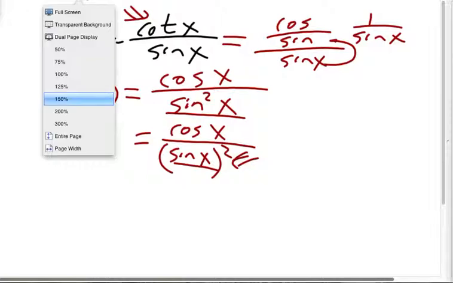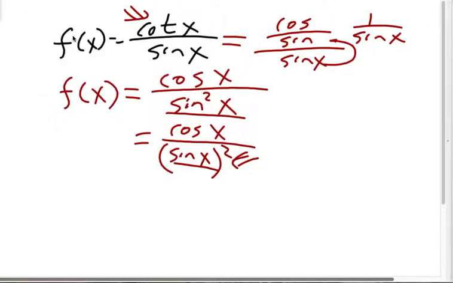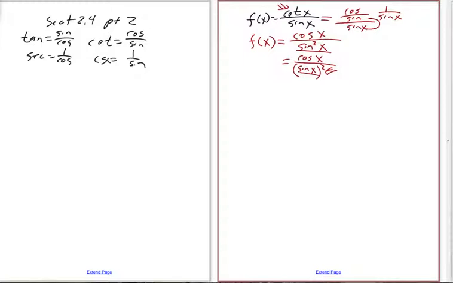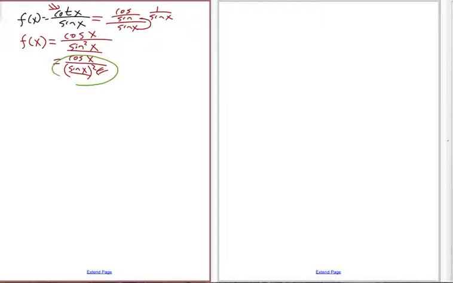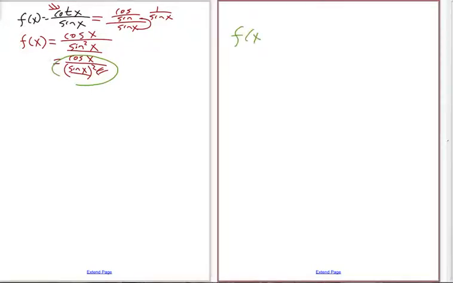All right, so let's come back in. And so we got our function right here. So f of x is going to equal cosine of x over sine of x squared.